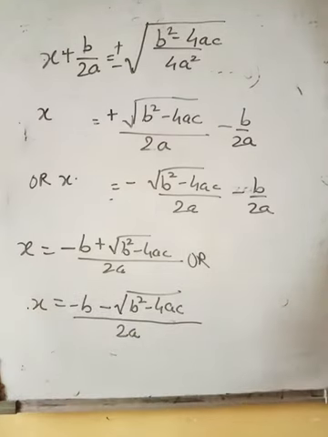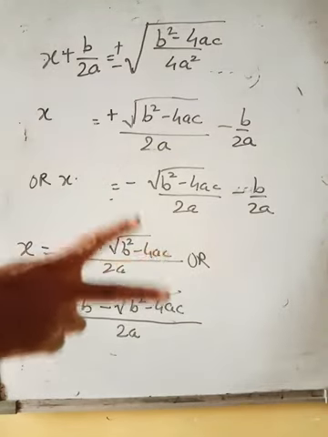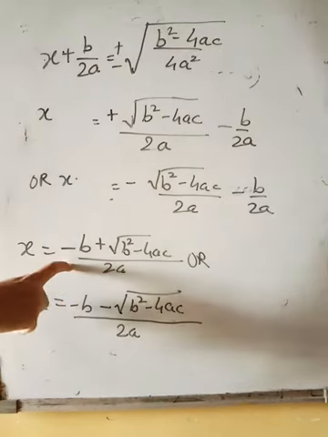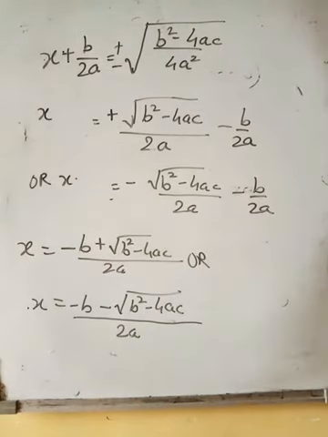So children, ultimately whenever we are solving any quadratic equation, basically we are finding out the value of x. So this value of x is in the form of a direct formula. So you will get the roots. So these are the roots. Two answers will come, because it is a quadratic equation. So one will be this and one will be this. Right?